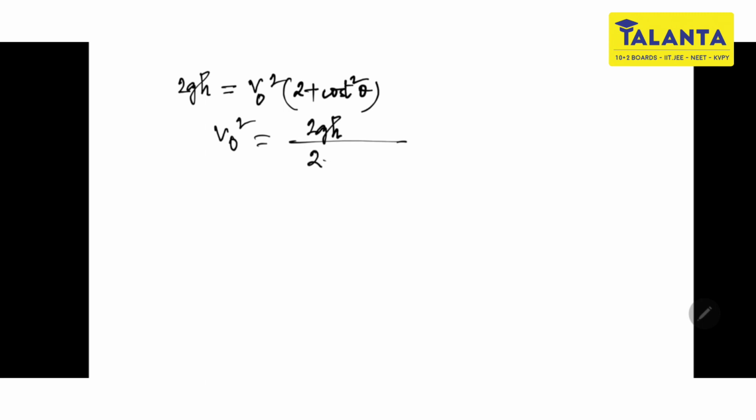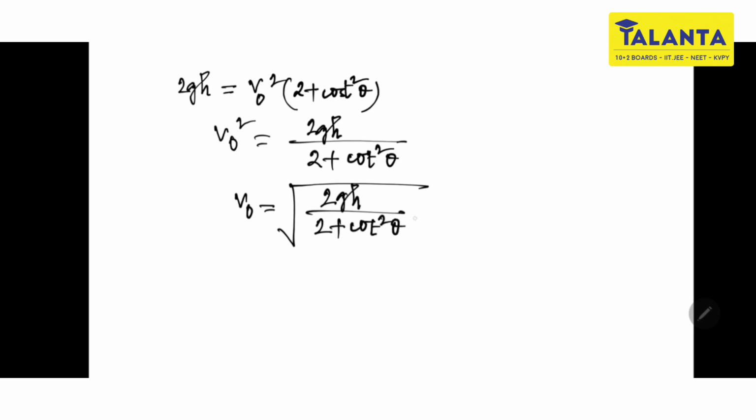That means 2gh equals V0 square into 2 plus cot square theta. So V0 square equals 2gh by 2 plus cot square theta. That means V0 equals root over 2gh by 2 plus cot square theta. This is the value of V0 if the stone hits the inclined plane perpendicularly.